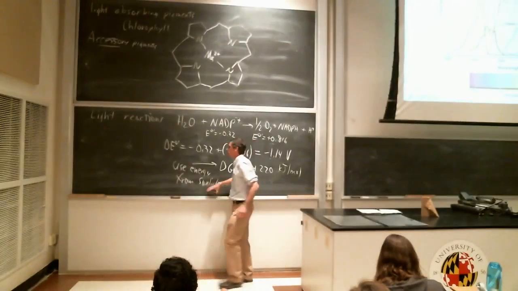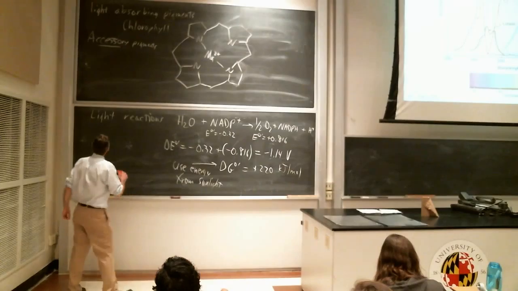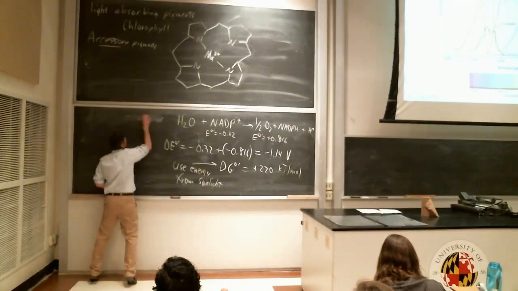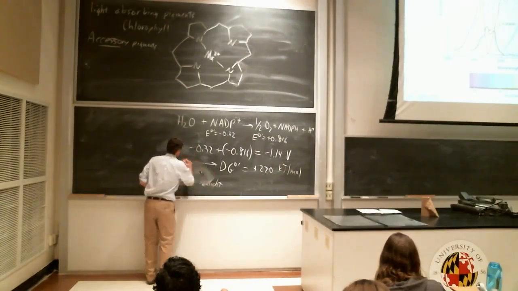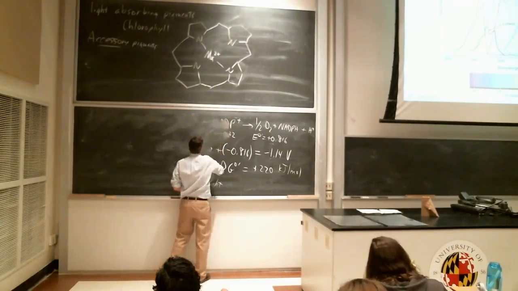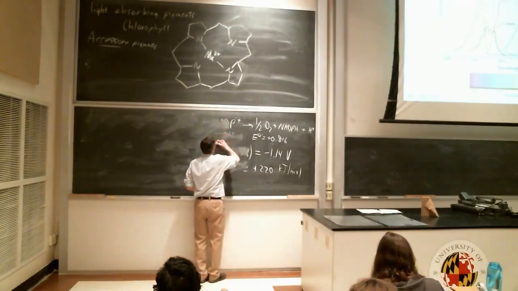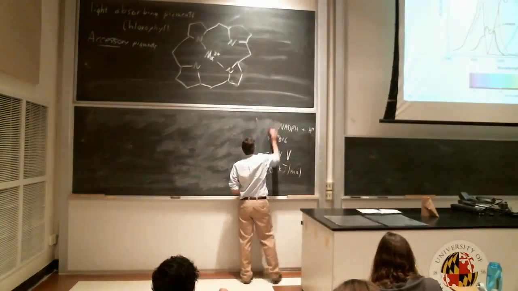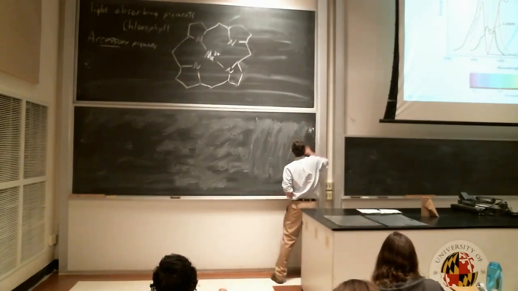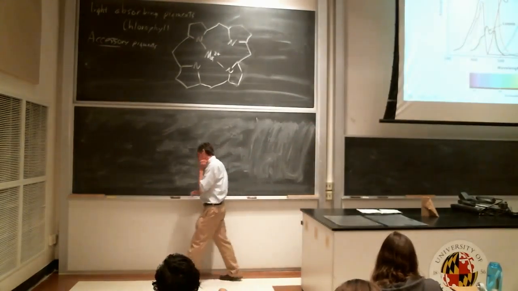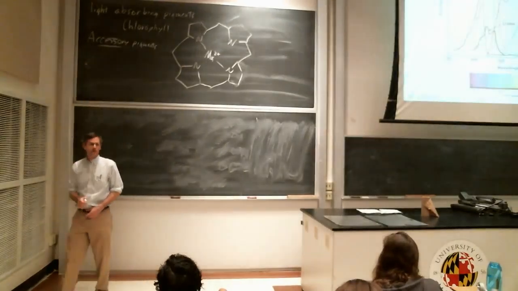we should do a little bit of quantum chemistry, which is what happens to molecules when they absorb light. So this is going to be quantum chemistry at the freshman chemistry level.